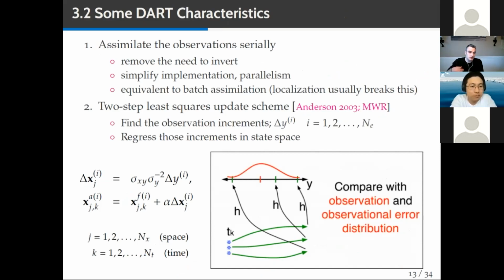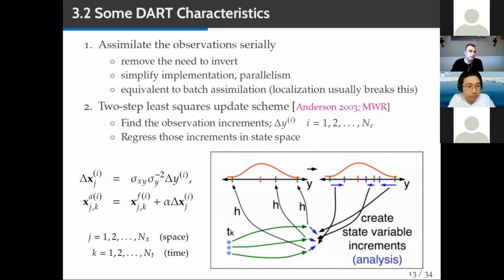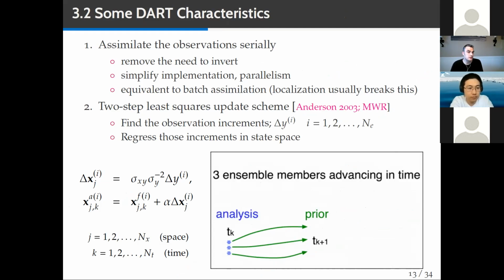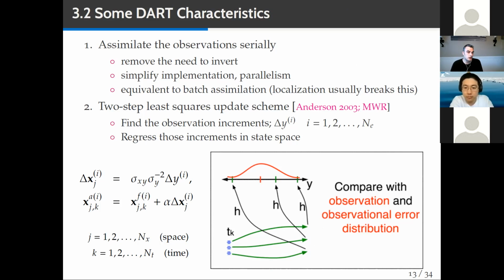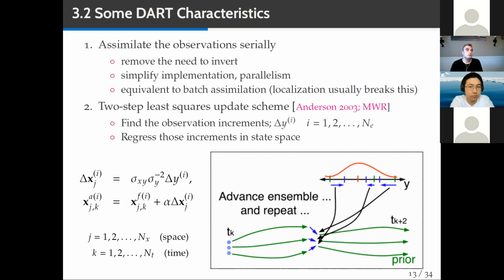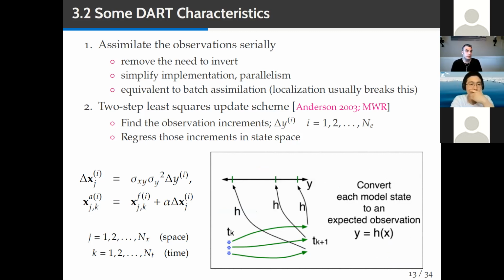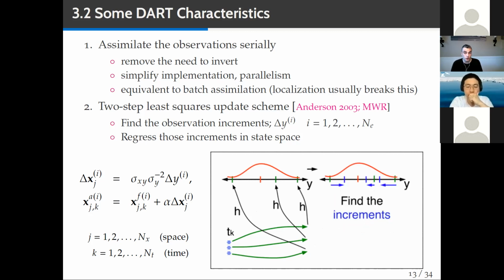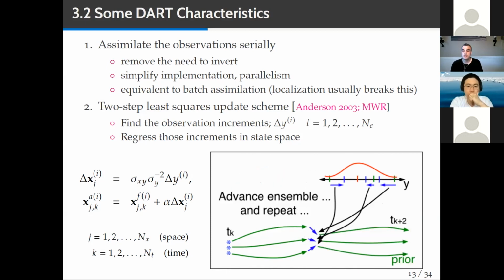Yeah, there have been studies in the literature, maybe not so many, but I think the best one was by Lars Nerger, studying the impact of serial assimilation compared to batch assimilation. I guess the take home message from that study was that the difference between assimilating serially and assimilating in batch is not so big, and it's not quite clear which one is better than the other.